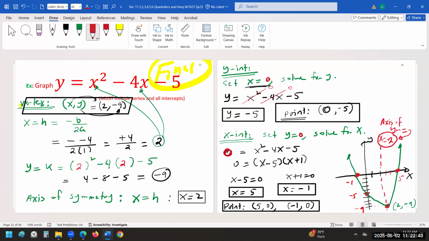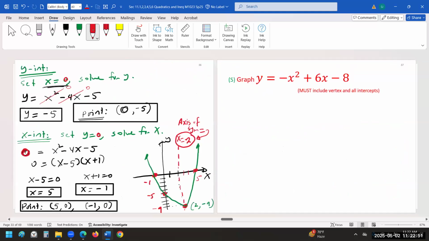Yes, very good. So first solve this. Okay, well, you solve this.